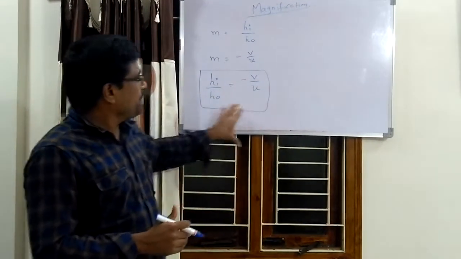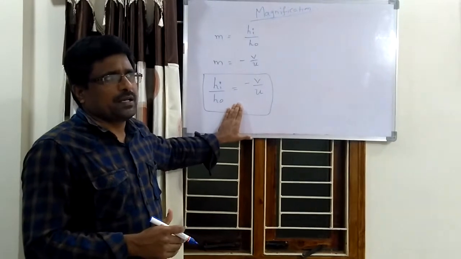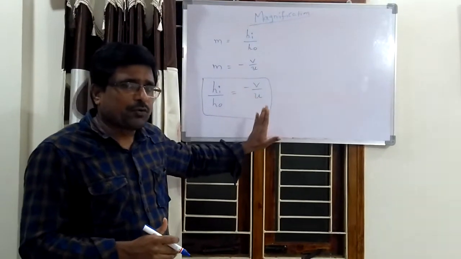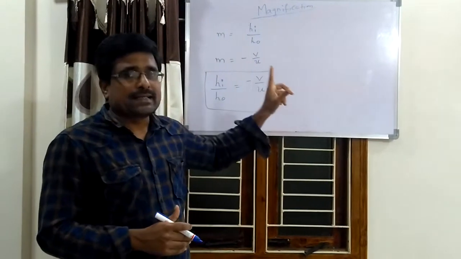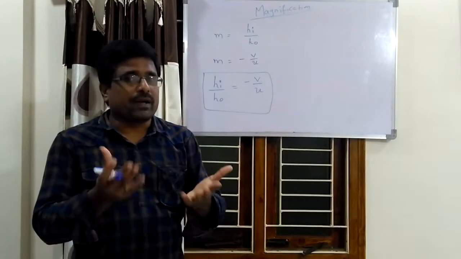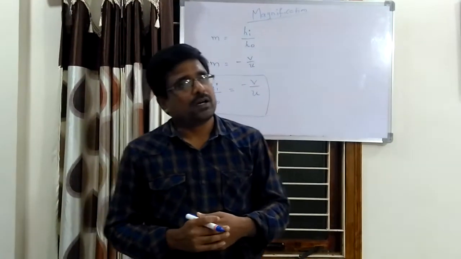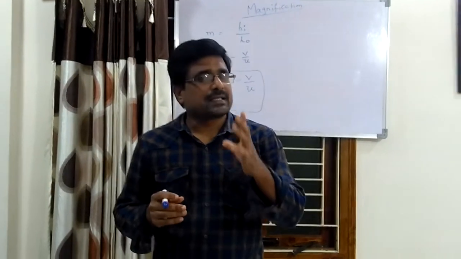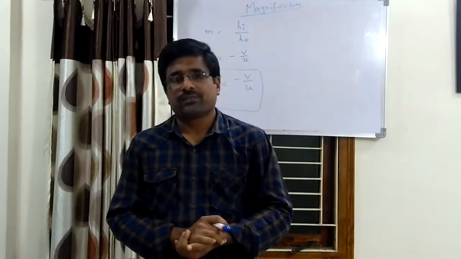If the magnification value is more than 1, then the image is larger than the object. If the magnification value is less than 1, then the image size is less than the object. How is it?